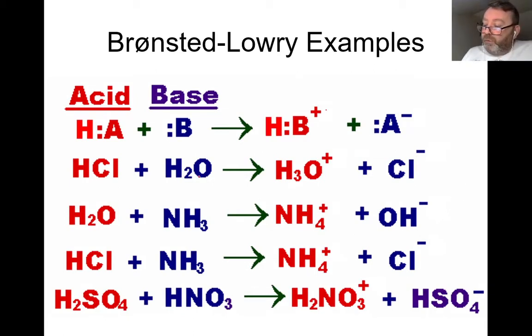So here's an example. HCl and H2O. Take a look at all these. First of all, we've got the H2O becoming H3O+. So the H2O has received a proton, meaning that's the acid, that's the base. So in this case, water is a base. The next line, we notice that the NH3 becomes NH4+.